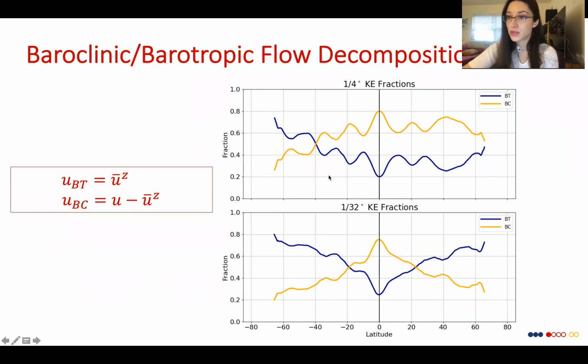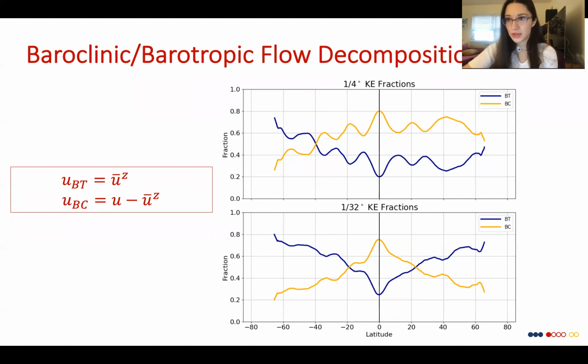And that is what I'm plotting as a zonal average and also 500-day average in these plots for the low resolution and high resolution case. One interesting feature stands out, which is that in the low resolution case, throughout most of the domain, with the exception of the ACC region in the south, most of the kinetic energy is in the baroclinic part of the flow.